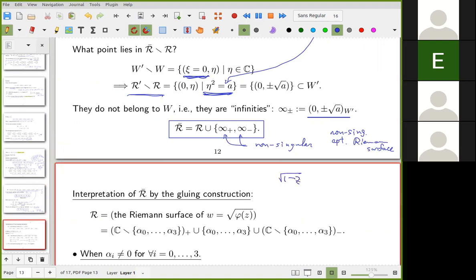I mean, when we consider the Riemann surface for such a function, we glued 2 sheets by reverting the orientation of this sheet, and we obtain essentially a cylinder.